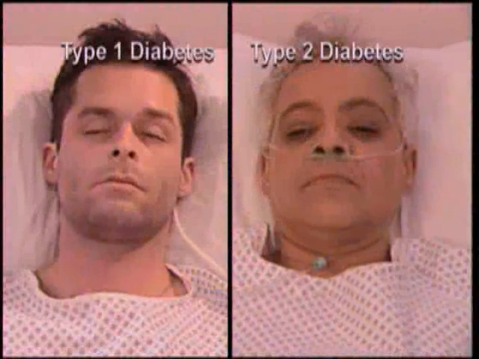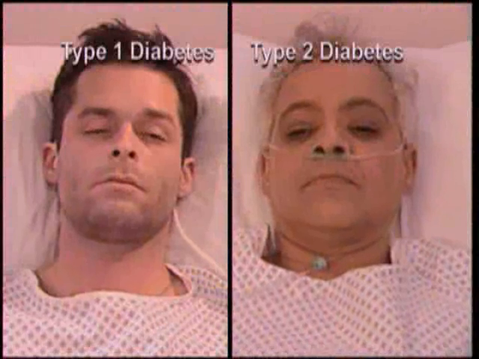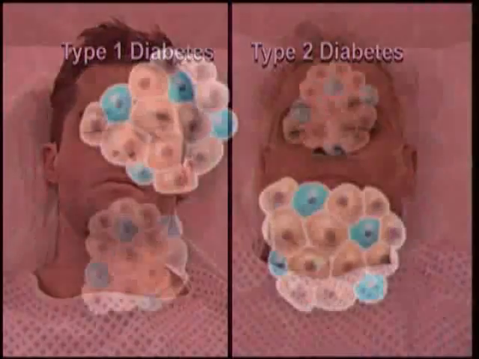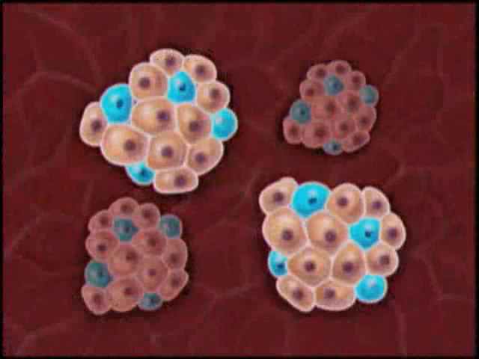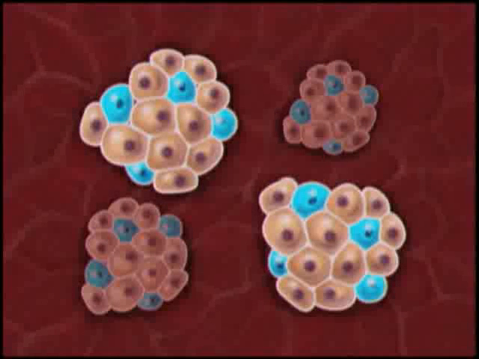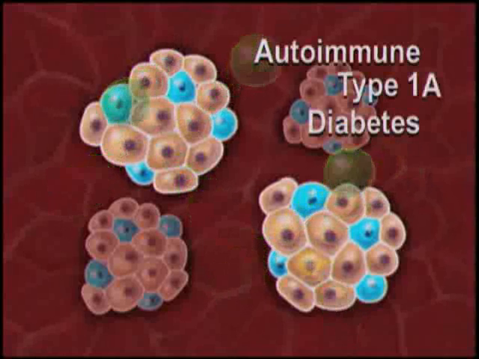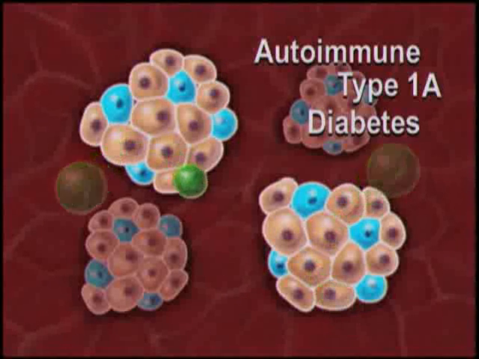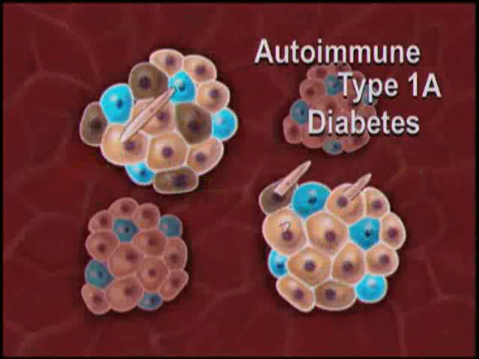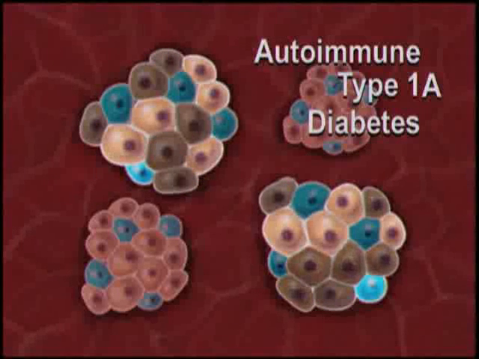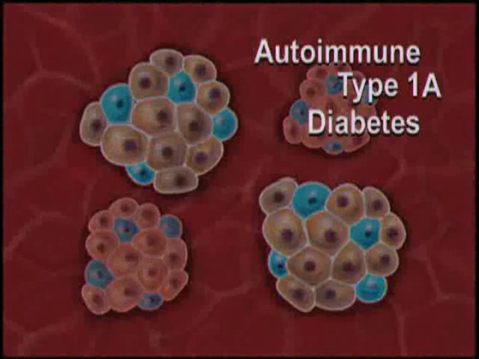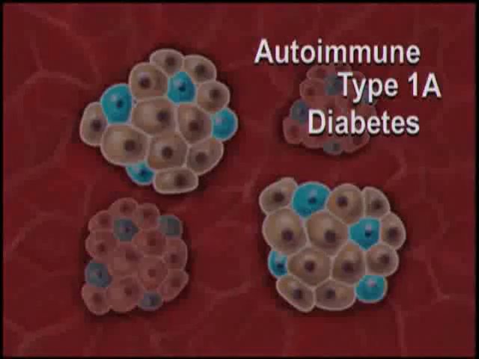2 major types of diabetes mellitus have been identified, but each develops differently. Type 1 diabetes is characterized by the destruction of all beta cells. In immune-mediated type 1 diabetes, or type 1A, the immune system recognizes beta cells as foreign and slowly destroys them. This type 1A accounts for over 90% of type 1 diabetes cases.